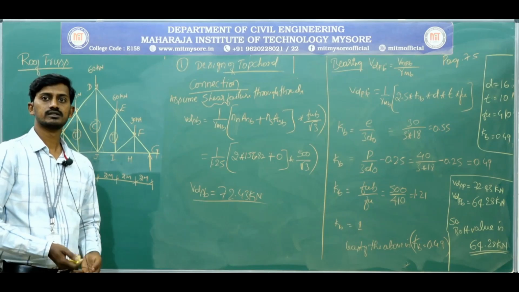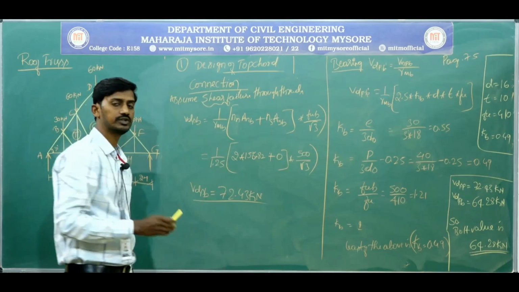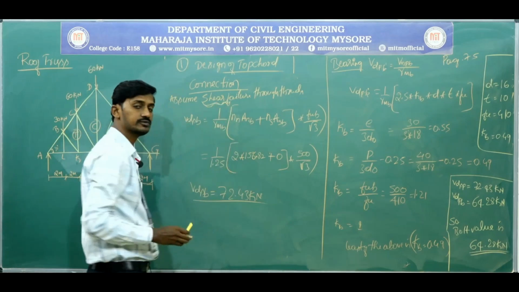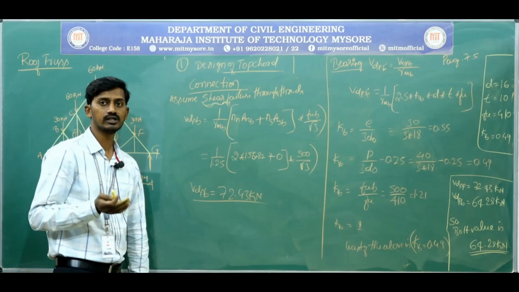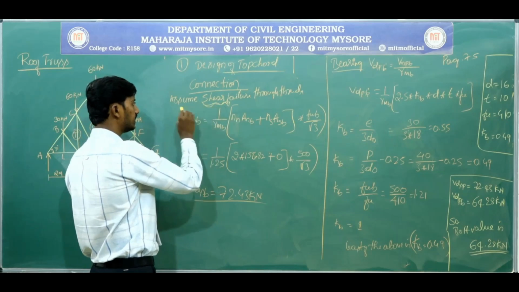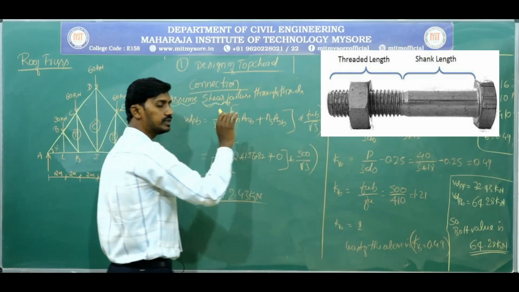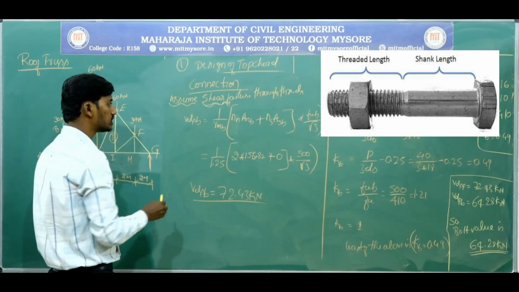The next step is connection. In the connection, we need to check, as we all know, in shear as well as in bearing. What is the bolt value in shear and what is the bolt value in bearing? So if you consider shear, let us assume the failure of the bolt happens in the threads, not in the shank portion but in the thread portion.